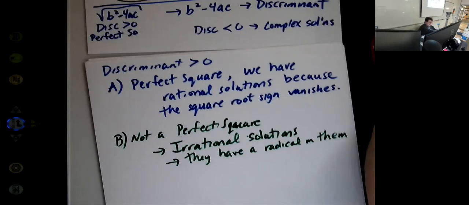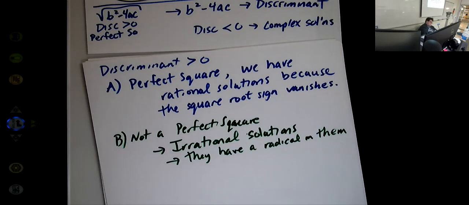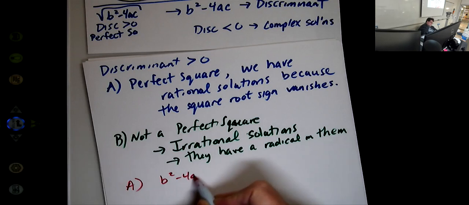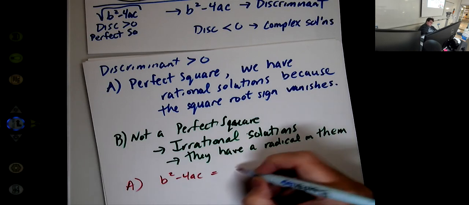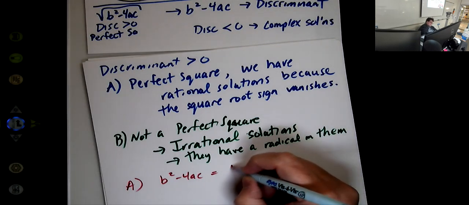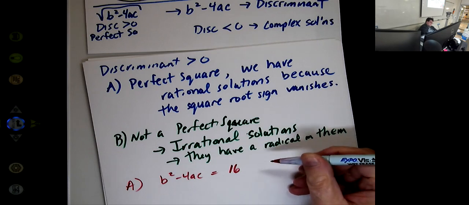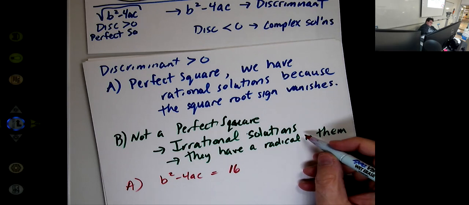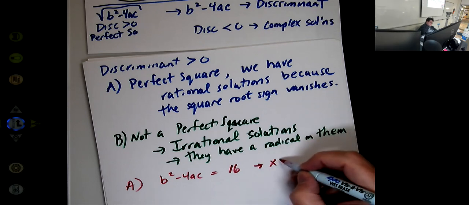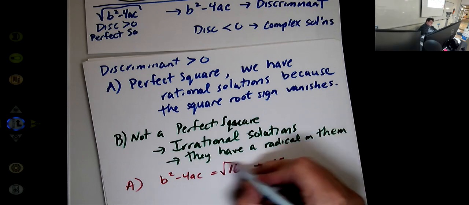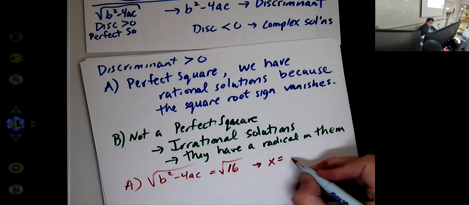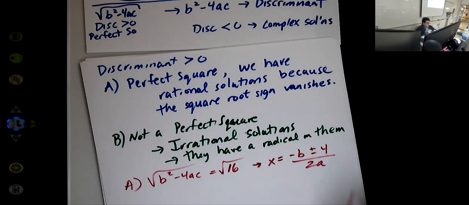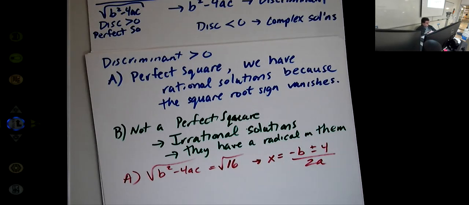So an example of A. If b squared minus 4ac equals 16, then x is going to equal negative b plus or minus 4 over 2a, whatever the b and the 2a are.